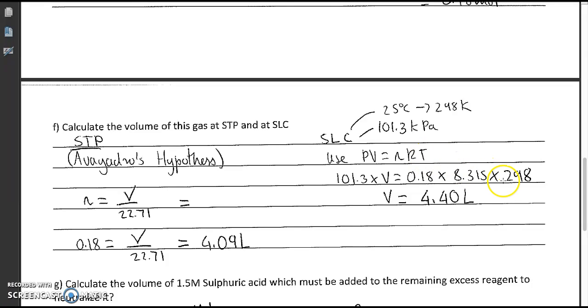And my temperature is 298 degrees Kelvin. So I put all these factors in and I solve for volume. I get 4.40 litres, which is slightly larger than for standard temperature and pressure. As I said, this is what you would expect. So make sure that you do these calculations and you're confident with using both of these formulas.